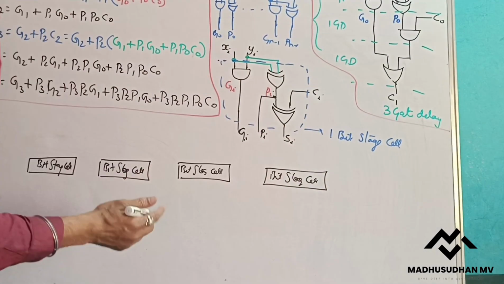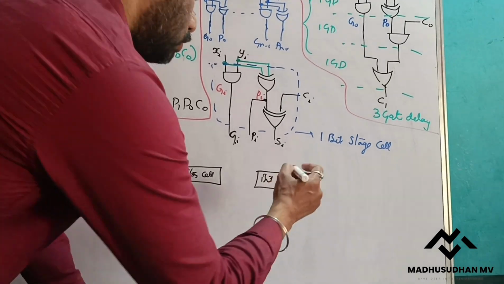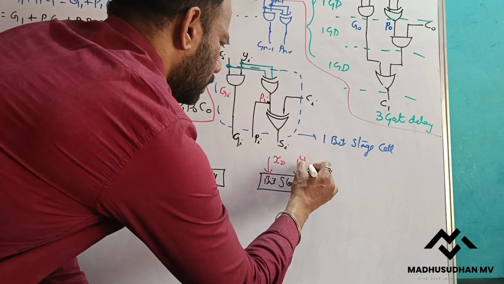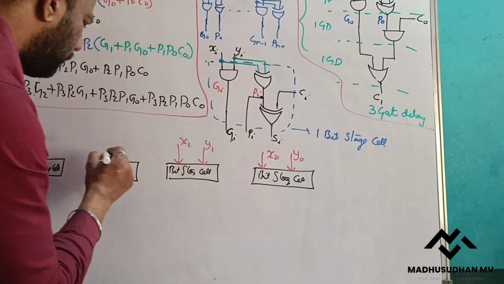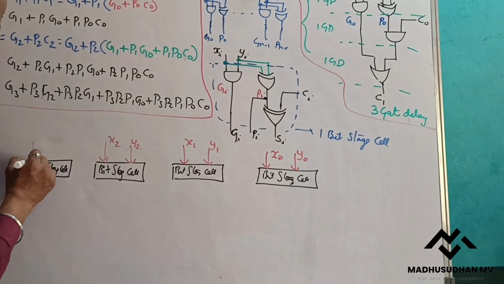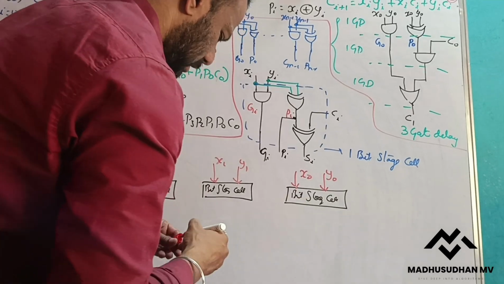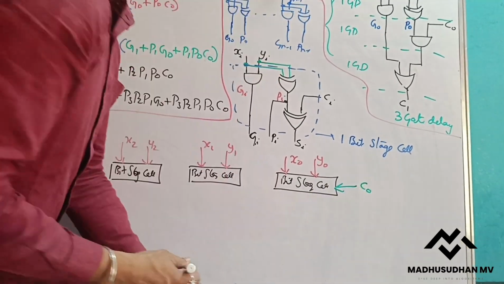Now to this stage I need to give X0, Y0. To this stage I have to give X1, Y1. To this stage I need to give X2, Y2. To this stage I need to give X3, Y3. And this is my initial carry C0.